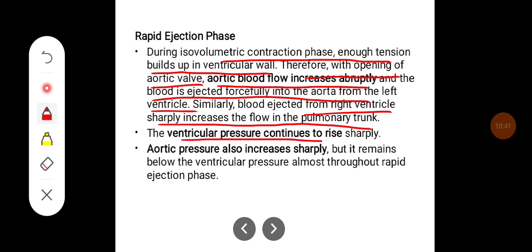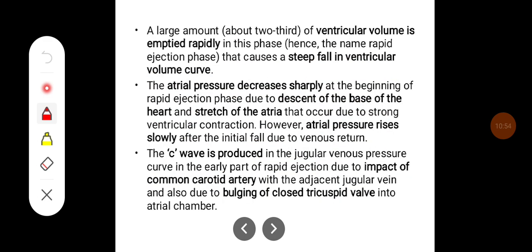The ventricular pressure continues to rise sharply. Aortic pressure also increases sharply but remains below the ventricular pressure almost throughout the rapid ejection phase. A large amount, about 2/3 of the ventricular volume, is emptied rapidly in this phase, hence the name rapid ejection phase. That causes a steep fall in ventricular volume curve.